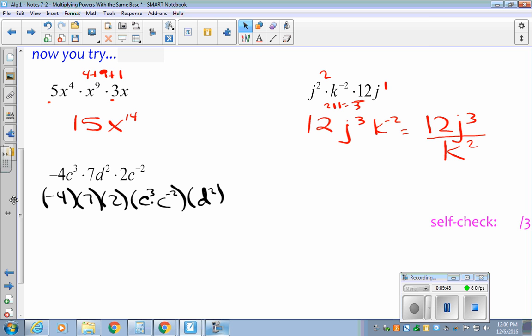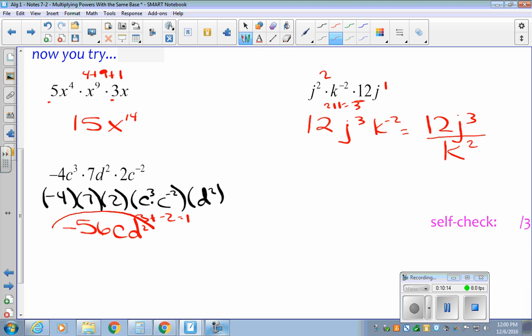Negative 28 times 2 is negative 56. Okay. I'm going to add 3 plus negative 2 to get 1. So I just have 1c. I'm not going to write the power 1 because we don't write power 1. Then we have d squared. So it's negative 56 c d squared.